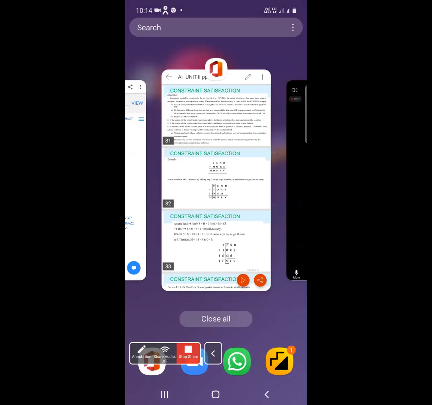Otherwise, select an object whose value is not yet determined and select a way of strengthening the constraints on that object.